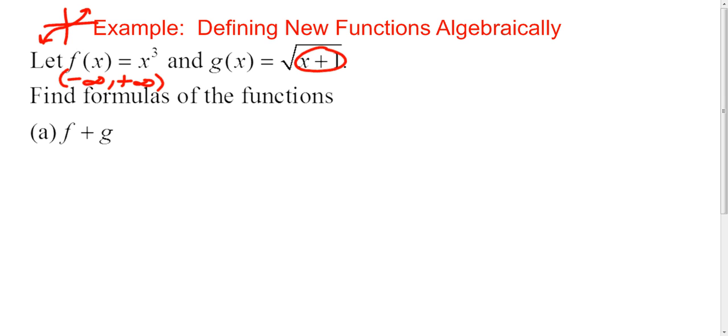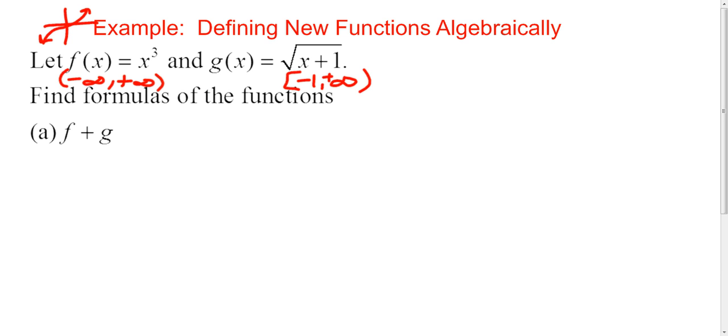And you need to plug in numbers then that are negative 1 or bigger, so that underneath the radical I get a number that's at least 0. So right here I'm limited to negative 1 to infinity. Okay? So those two things, when you put the function together, kind of get inherited as you carry it around.